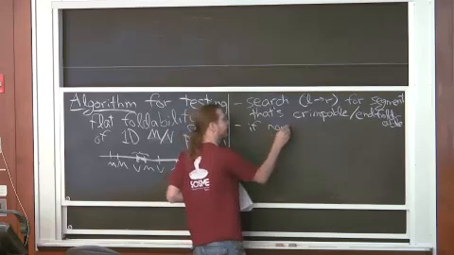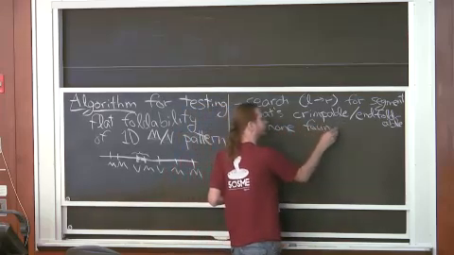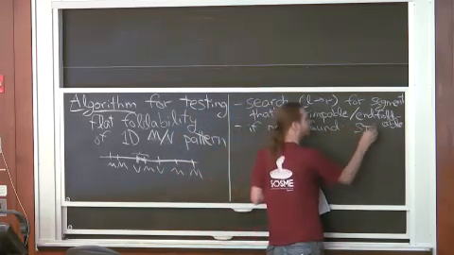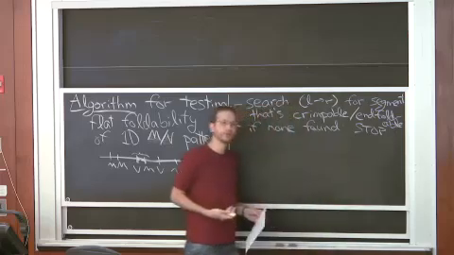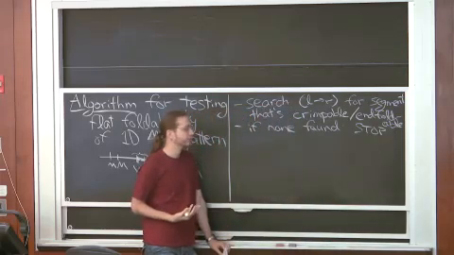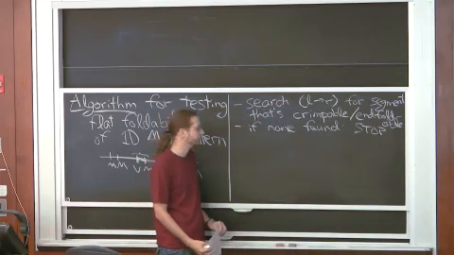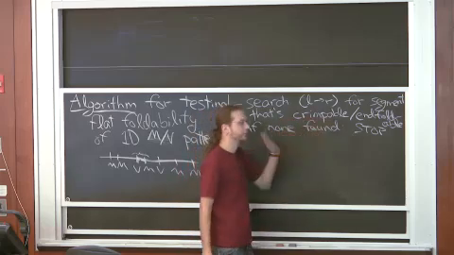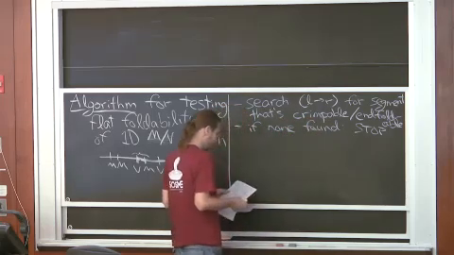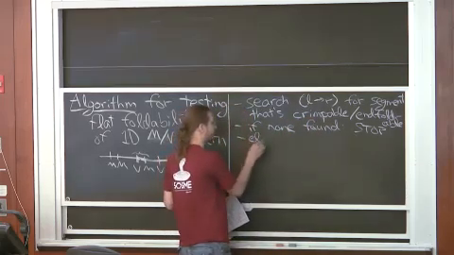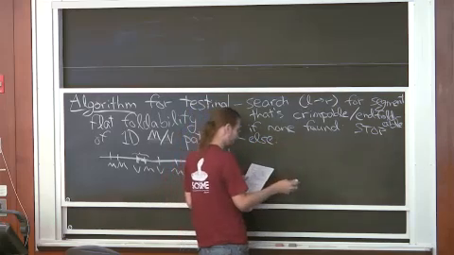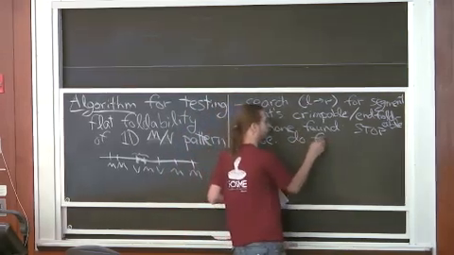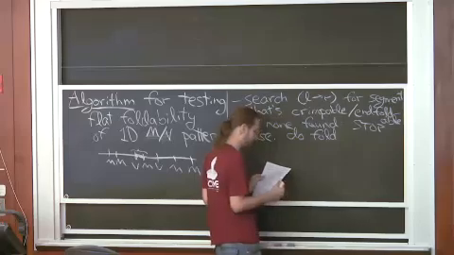If I don't find any operations to do, then we stop. And if there are any creases left, we know that the resulting thing is not flat foldable from what we proved in lecture 2. If there's no crimp or end fold, you're not flat foldable. But if you do find something, then do the fold. Okay, this is so far pretty obvious.